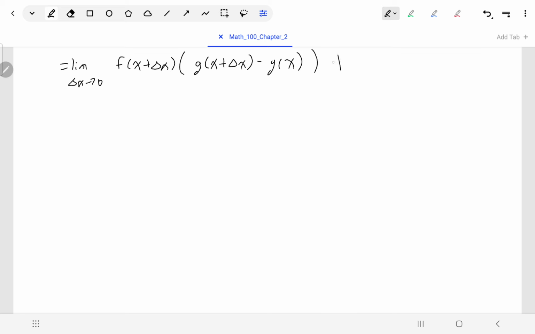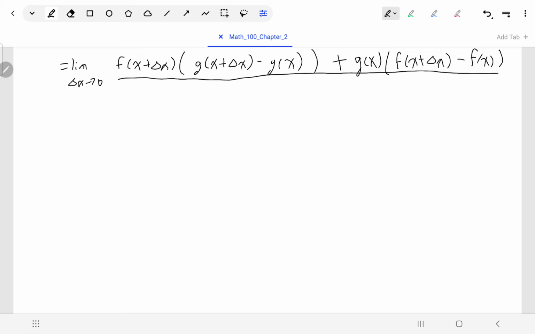From the second two terms, I was factoring out g of x. And what was left behind there was f of x plus delta x minus f of x. And this was all over delta x.